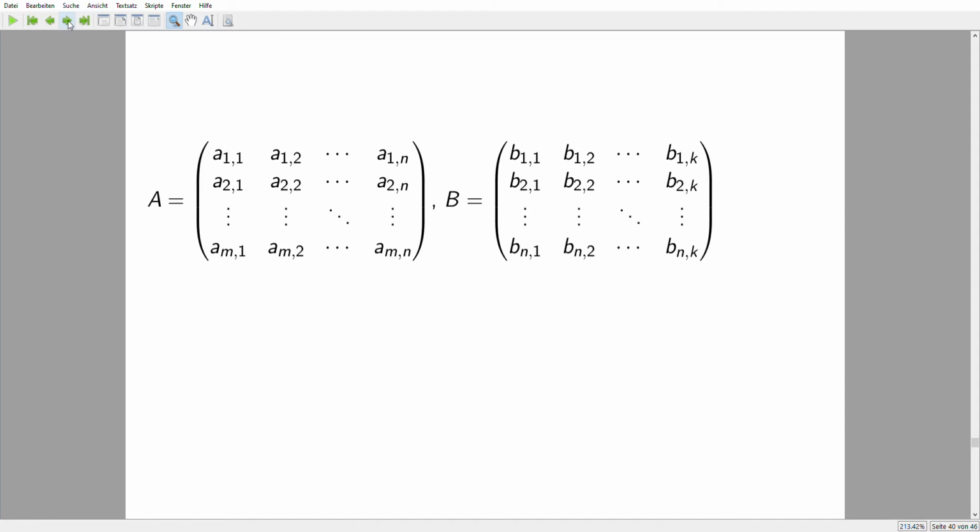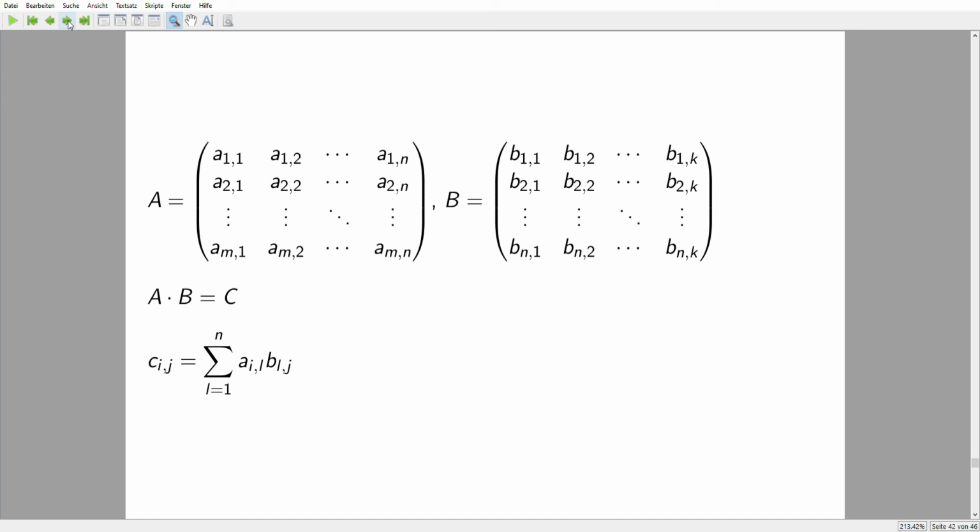Let's say we have an m times n matrix A and an n times k matrix B. We multiply them to get C. Now we examine the coefficient Cij, that is, the element in the ith row and jth column of C. We get Cij as the sum of A_il times B_lj, where l goes from 1 to n.